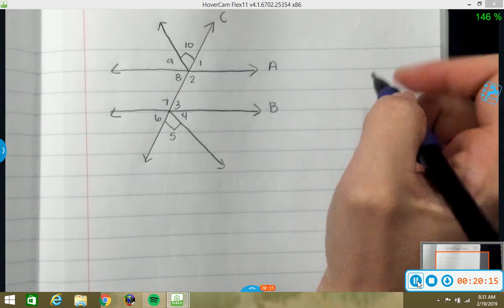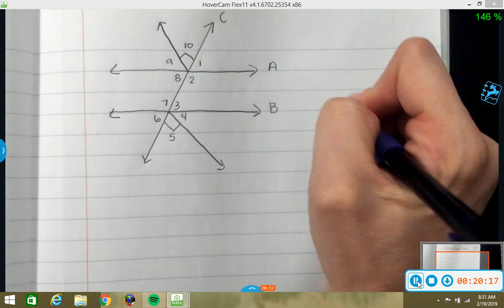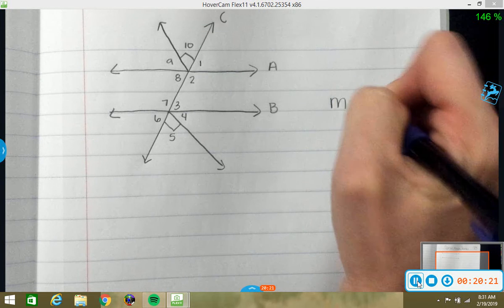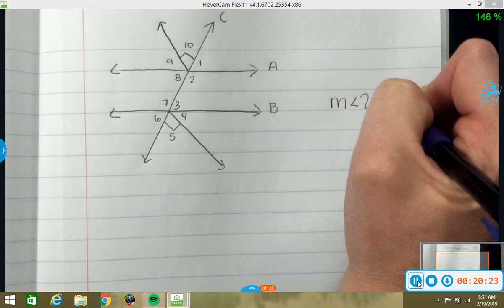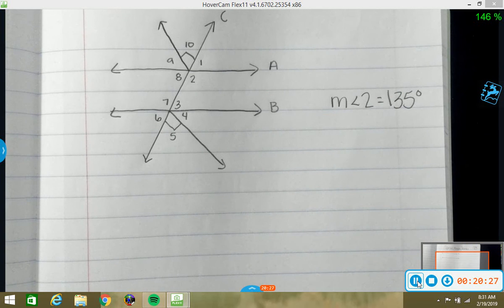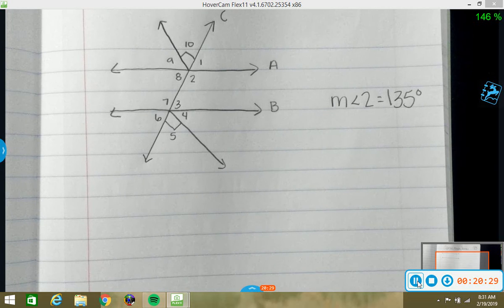The only information I'm going to give you is that the measure of angle 2 is 135 degrees. That means that you have to find all of the rest of them, and you have to justify it.